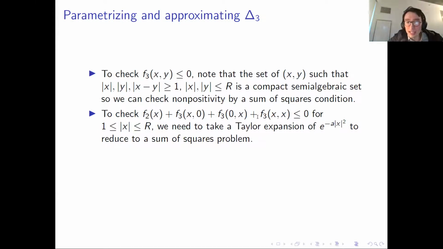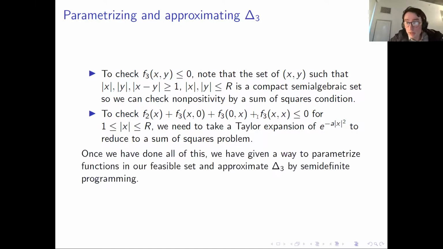So we're going to need to take a Taylor expansion of the Gaussian as well in order to actually reduce this to the non-positivity of some polynomial. But once we've done this, now we can write down an actual finite dimensional semi-definite program and give it to a computer. So what are the bounds that we end up getting?